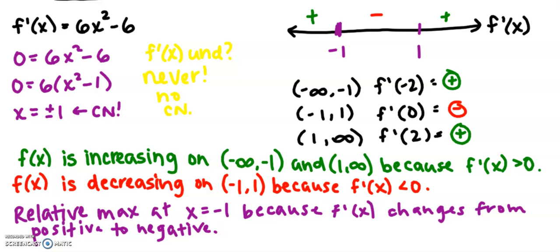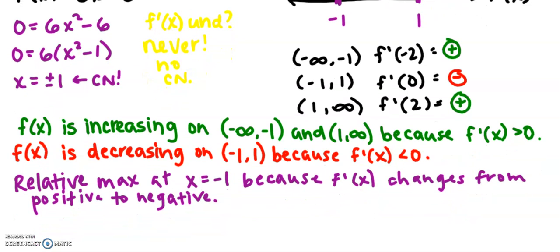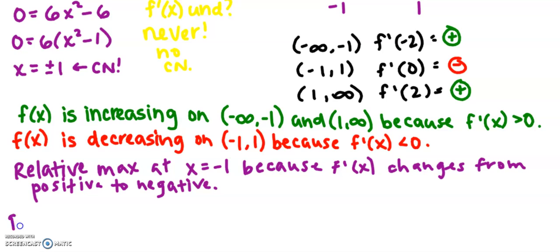Now, we found something else is going on interesting at 1. This time we switched from negative to positive on f prime, so we would call this a relative min at x equals 1.